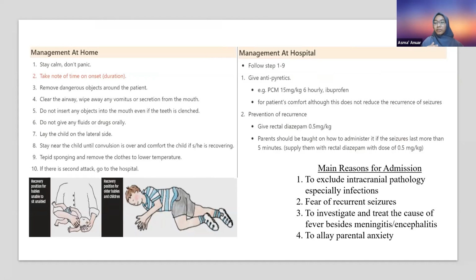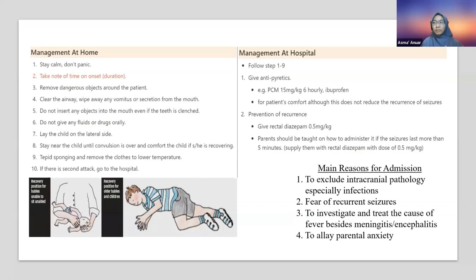I would like to emphasize here that antipyretics do not reduce the recurrence of seizure. They are just comforting, to lower the temperature of the child. And also rectal diazepam can be given, but it is only to help reduce the recurrence, not to eliminate the recurrence of the seizure.